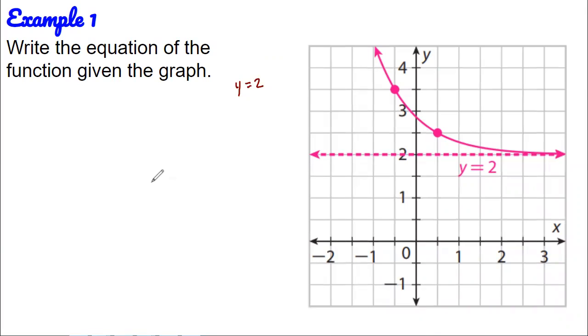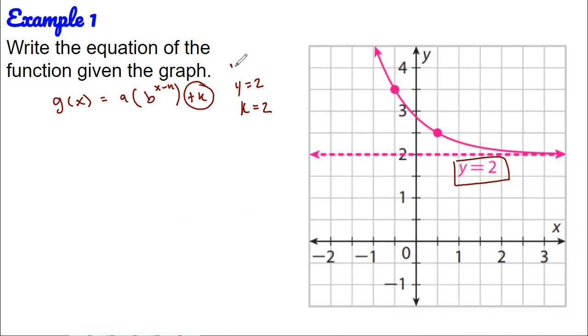Now, in our general form, our transformation function g of x equals a times b to the power of x minus h, plus k, our horizontal asymptote parameter would be k. So in this case, k will equal 2. Whatever our horizontal asymptote is, it's going to be the same as our k value. Okay, so we have our k.